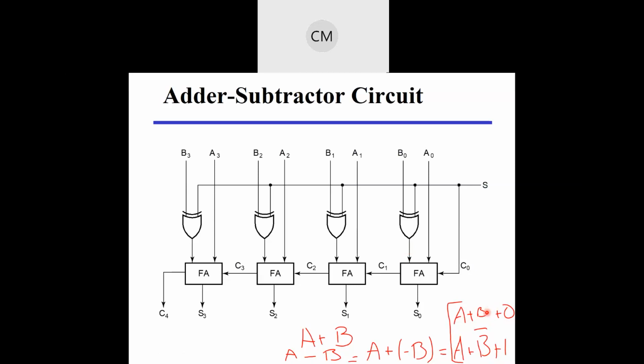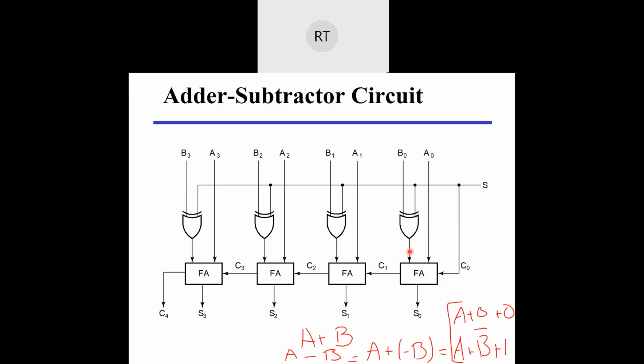Is it B bar? Is it B? Look, it's B. In the case of addition, I have A plus B plus 0. What do I have on C0? 0. What do I have on A0? A0. Yes. What do I have here? B0. Yes. So not B bar, I have B.